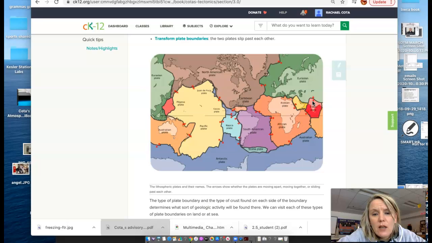Another thing to take a look at on Google Earth is this divergent boundary here. You can see this mid-Atlantic trench on Google Earth, but also take a look at Iceland. Iceland is right here, and if these two plates are being pulled apart here and here, that would mean that Iceland itself is being pulled apart.